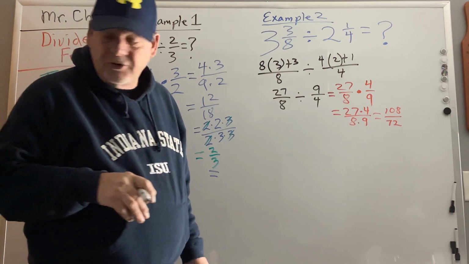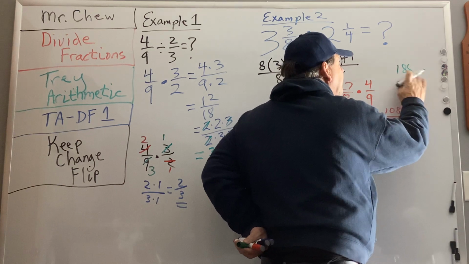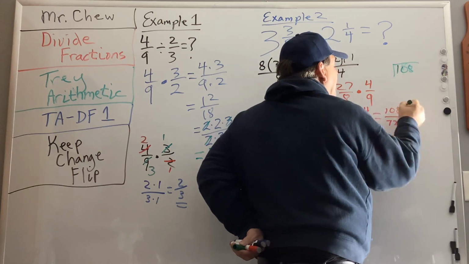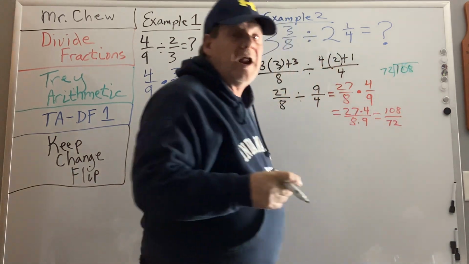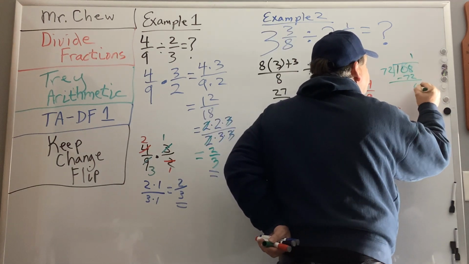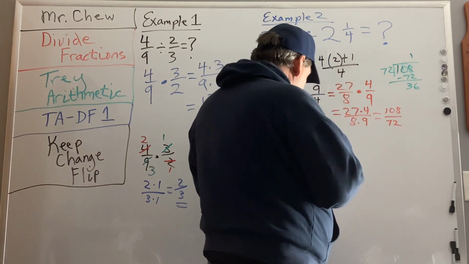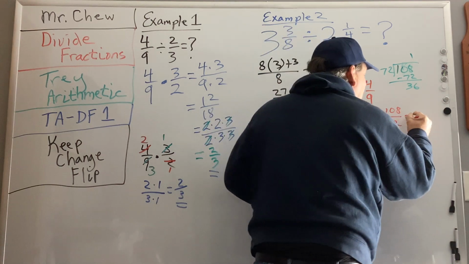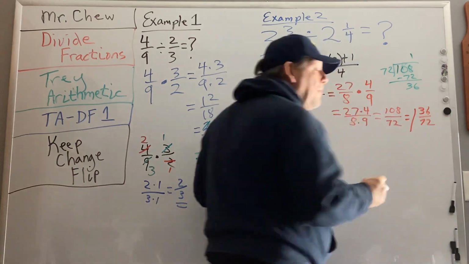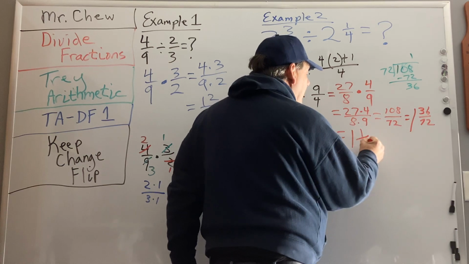So when I convert it back to a mixed number, I take my 108 and divide it by 72. I know that I can only divide 72 out of 108 once. So my answer is 1 and 36 over 72. Well, some of you probably immediately see 36 over 72 is 1/2. So that equals 1 and 1/2.